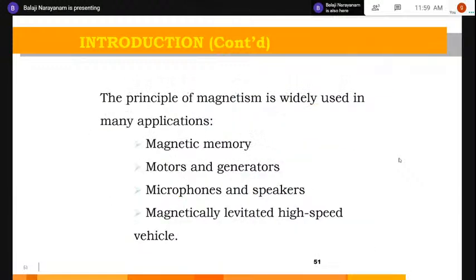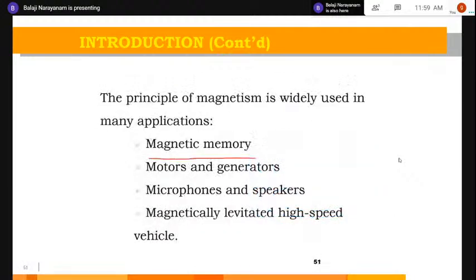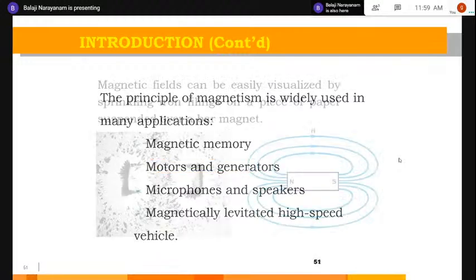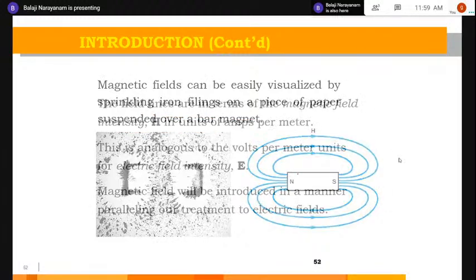The principle of magnetism is widely used in these fields: magnetic memories, motors and generators, microphones and speakers, and magnetically elevated high-speed vehicles. Magnetic fields can be easily visualized by sprinkling iron filings on a piece of paper suspended over a bar magnet. This is a simple experiment.